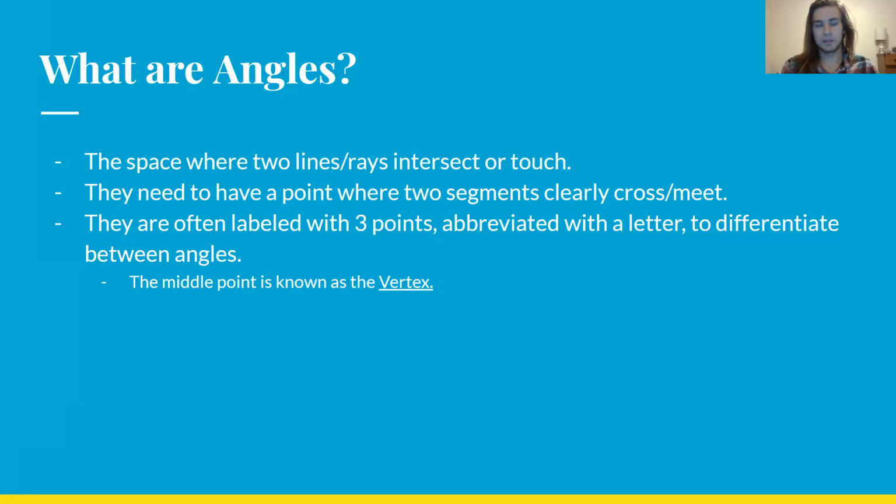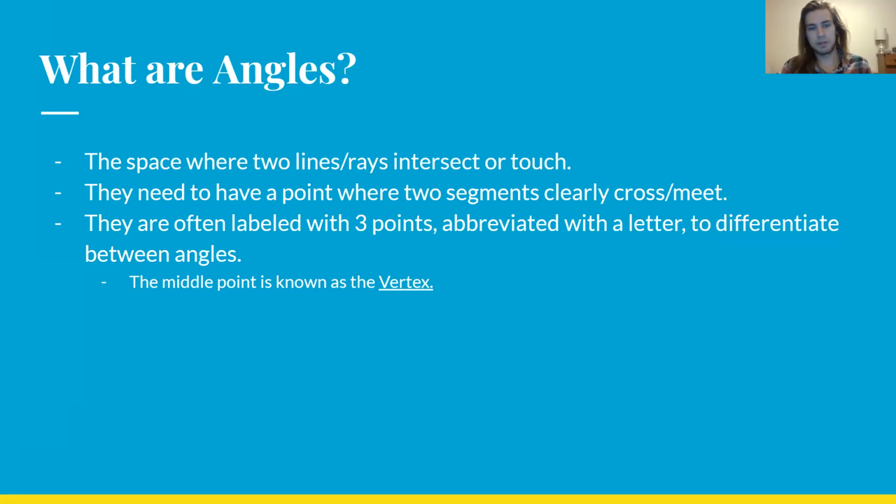So it's where either two rays or two lines or two line segments will intersect or touch, and that creates an angle. Angles need to have a point where there are two segments that are clearly crossing or meeting. If these don't actually meet or cross, then there's not actually an angle that's being formed there.